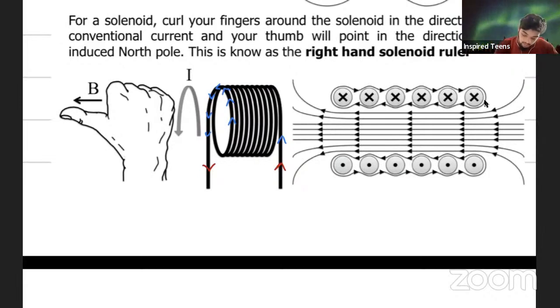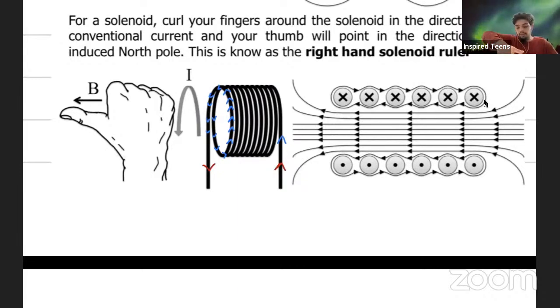So we're curling our fingers always away from us, because if you put your fingers at the back of the solenoid, your fingers would point down.